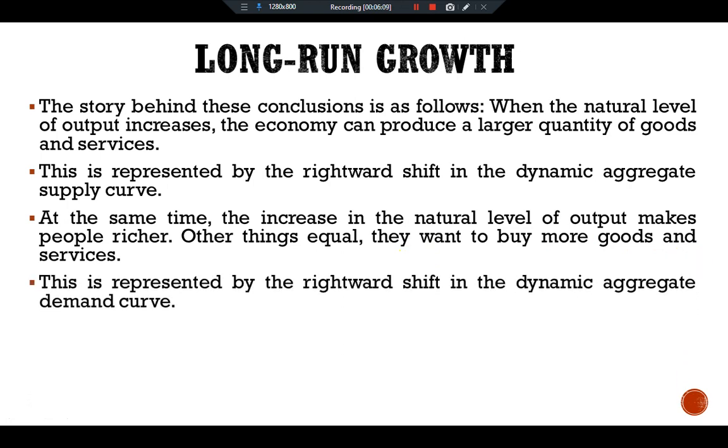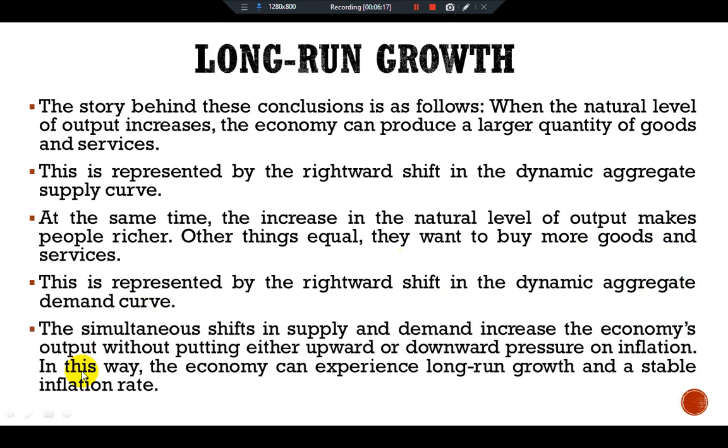This is represented by the rightward shift in the dynamic aggregate demand curve. The simultaneous shifts in supply and demand increase the economy's output without putting either upward or downward pressure on inflation. In this way, the economy can experience long-run growth and a stable inflation rate.